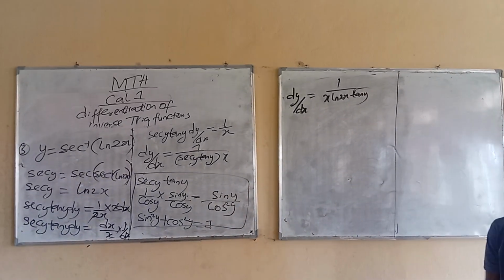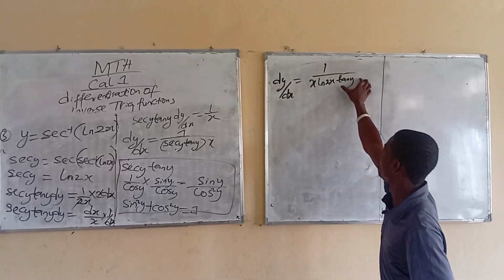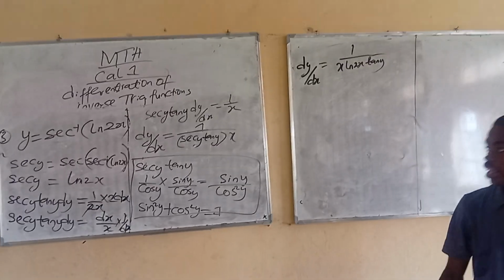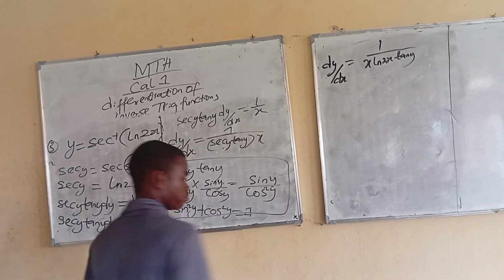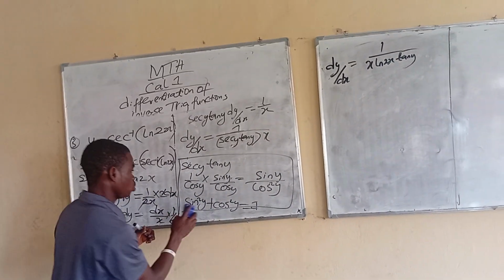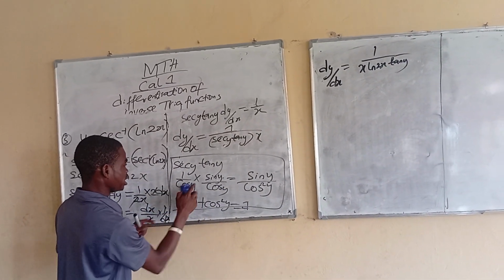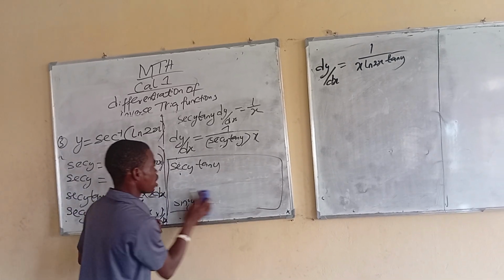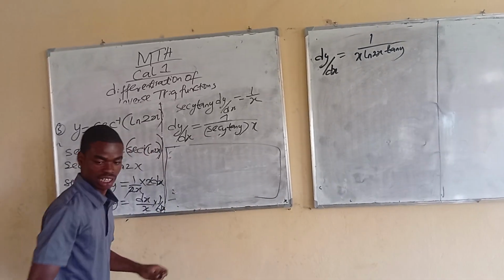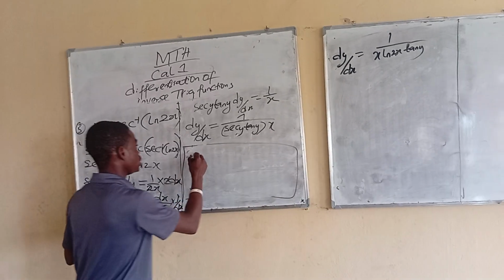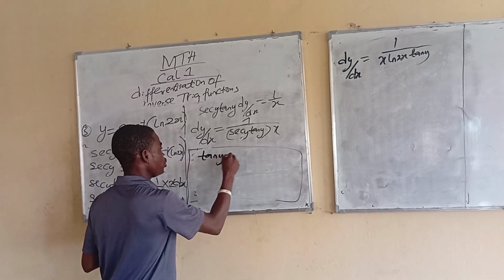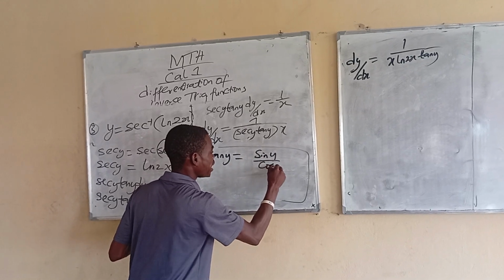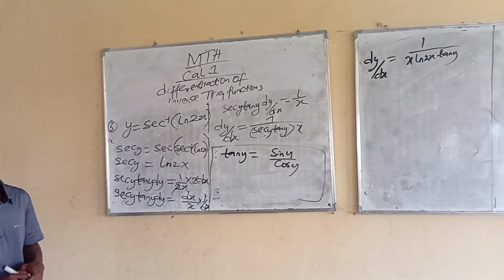Alright. So now it's just left for us to change this tan y into form of x. So how do we do that? So this one was sec y. So let's just work with tan y alone. So tan y equals to sin y over cos y, right?